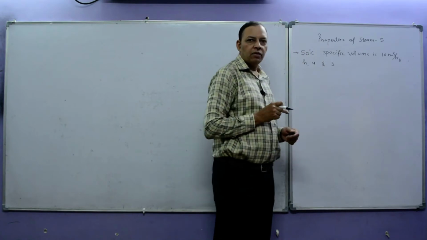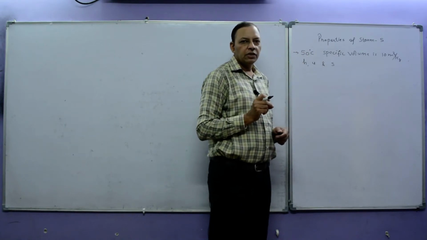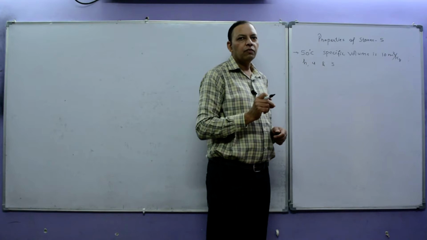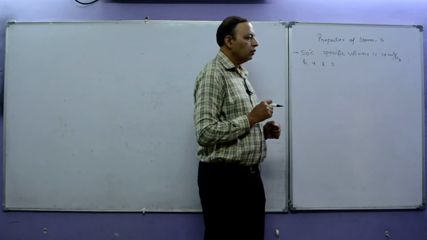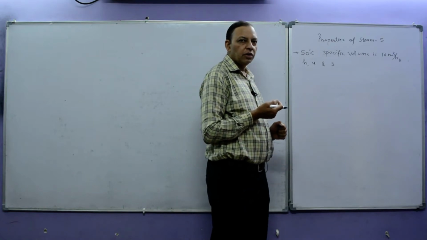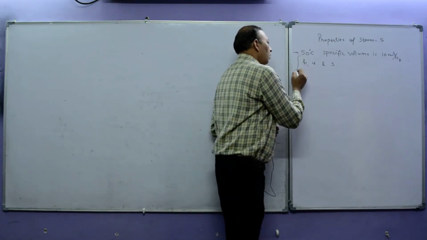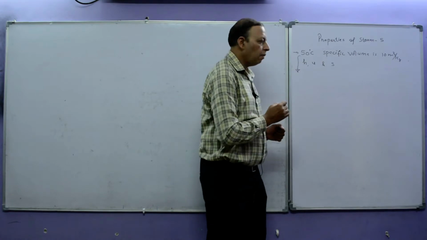Repeat the question. At 50 degrees Celsius, specific volume of given steam is 10 cubic meter per kg. So our process is what? We will go to the steam table.